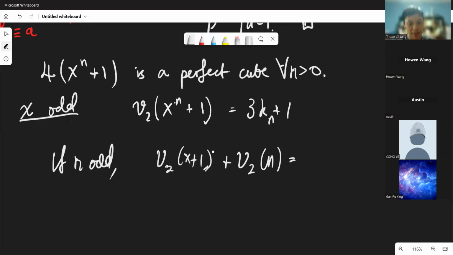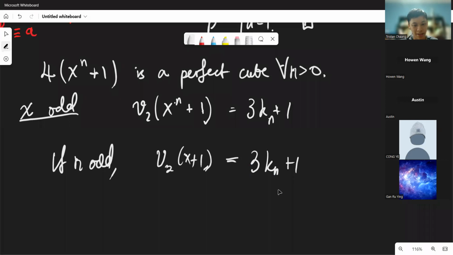But v2 of n is 0. I mean, sorry, this is the n odd case, right? We just have to use theorem 3. So this is just equal to 3 to the kn plus 1. Okay, so that means it doesn't depend on n after all.